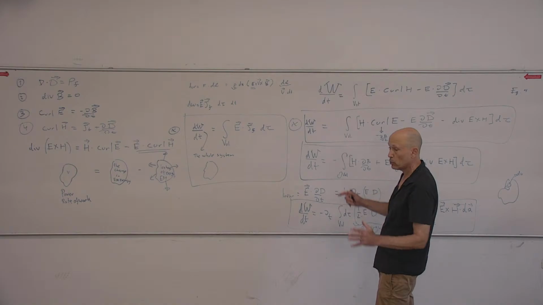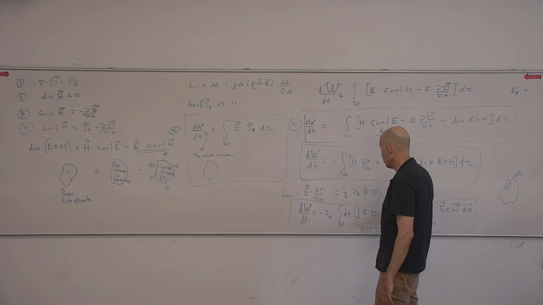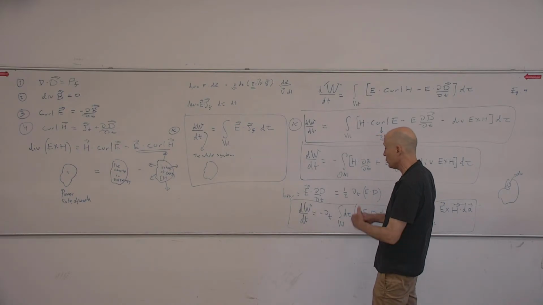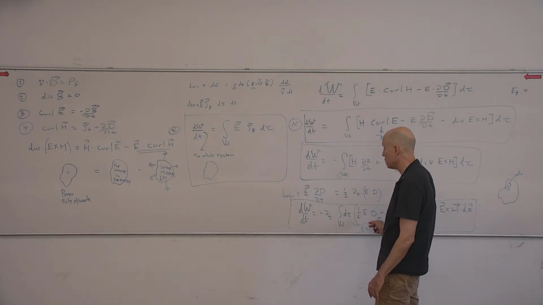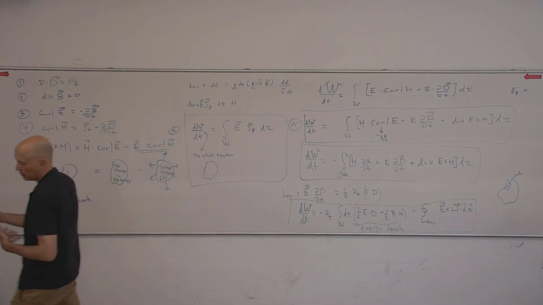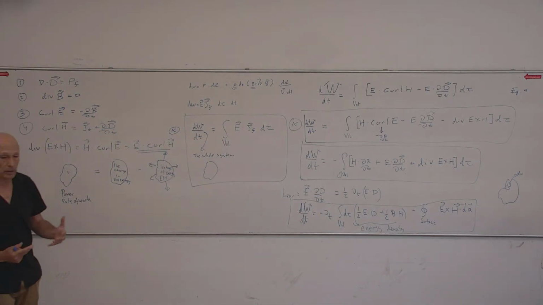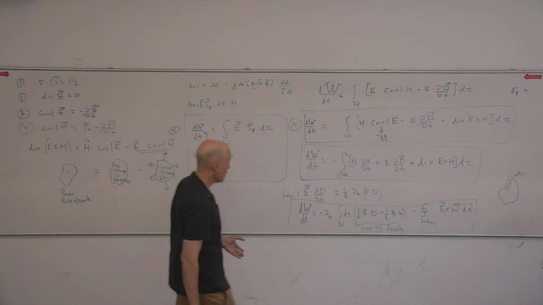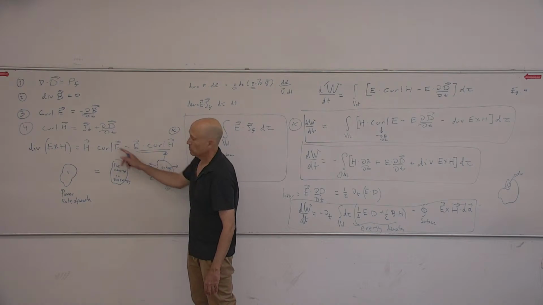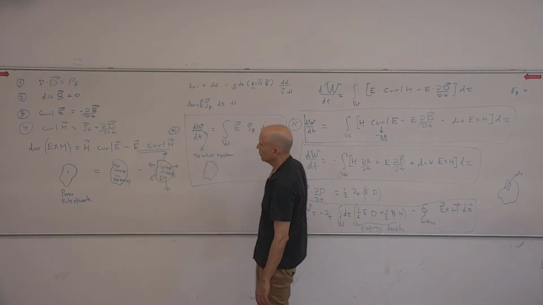The volume can be anything. You can choose the volume. And the time derivative gives you the change of the energy. So this is the energy, and this energy can change in time. How does it change in time? You change the electric field, you change the magnetic field, so it changes in time. So this gives you the energy density, and this is what I called here this term.